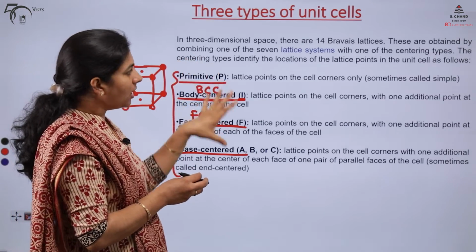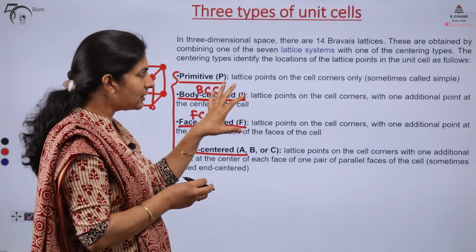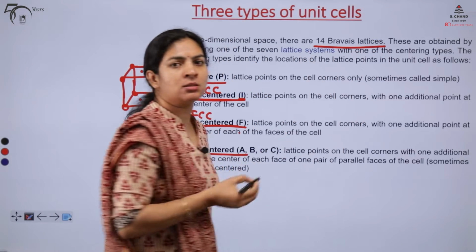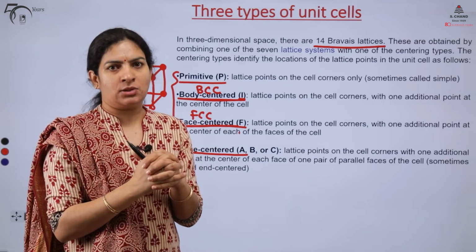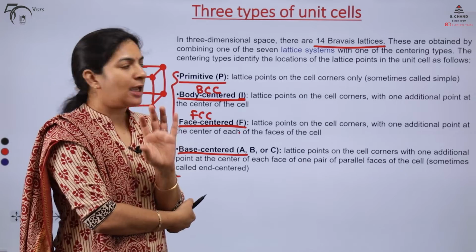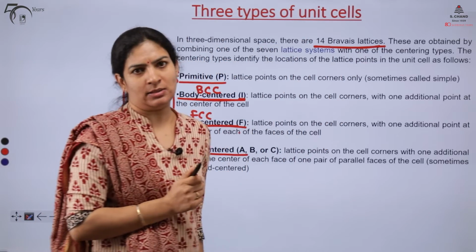Depending upon in how many forms these crystals can exist, all the solids which exist in nature can be divided into 14 Bravais lattices.